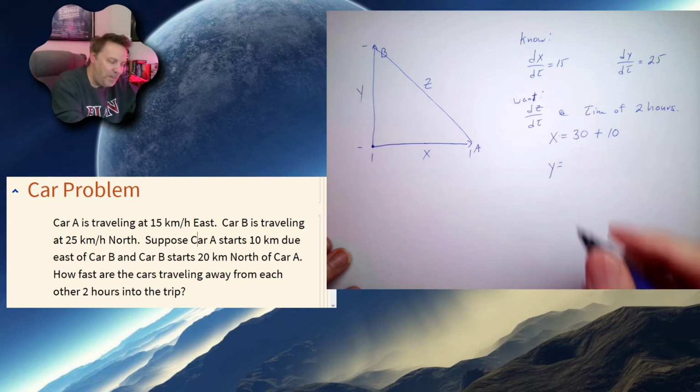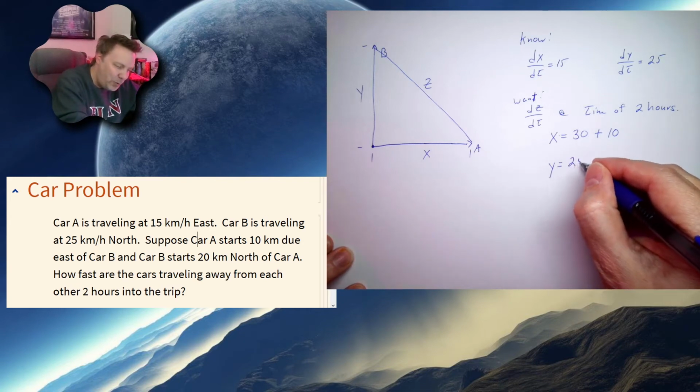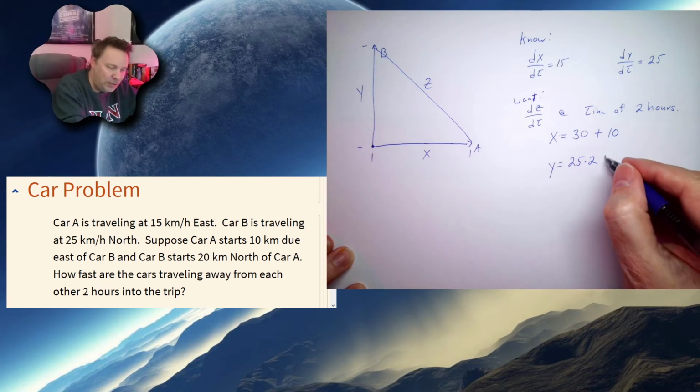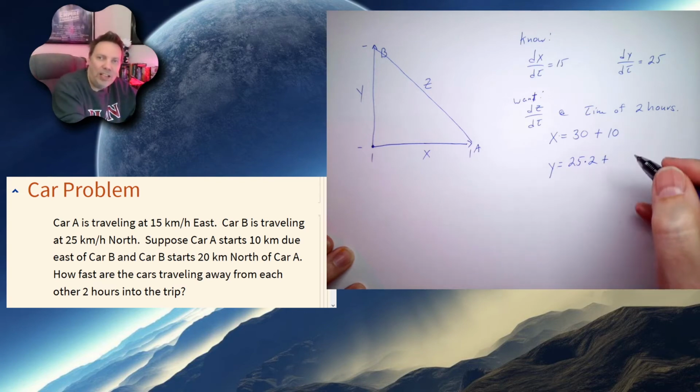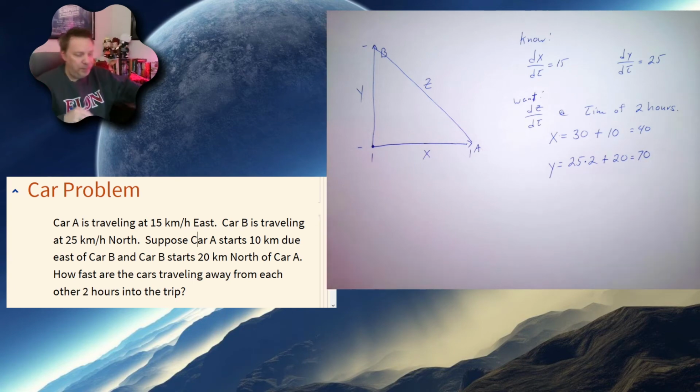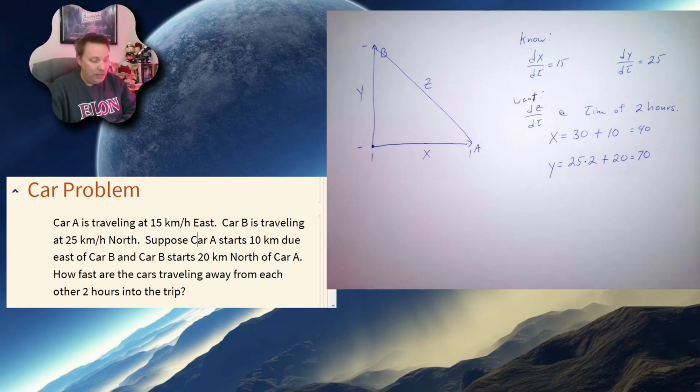What about car B? Well, I'll write out a little bit more of this one. It's going to be 50 plus an extra 20. 50 plus 20 is 70. So I'm probably going to need those two numbers in my calculations.